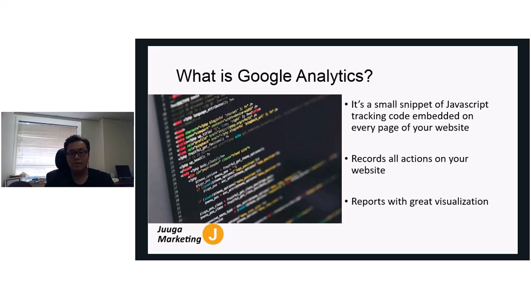It is that piece of code that's the way Google is able to track and record all the actions happening on the website. They use that, of course, to make money and to gather more information so that you get better search results. But on the flip side, for businesses, they also provide great reporting with great visualization. That's in a nutshell what Google Analytics is.